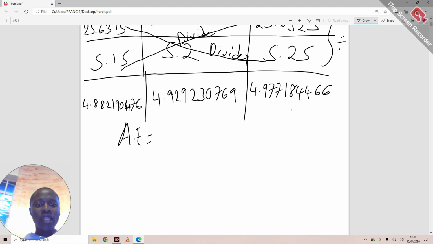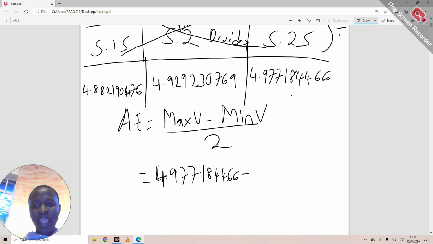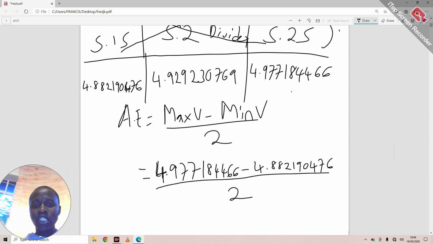Now, after having this, we can get our absolute error for the combined numbers. So our absolute error will be maximum value minus minimum value, divided by 2. What is our maximum value? That is 4.977184466 minus the minimum, that is 4.882190476. Then we divide by 2.